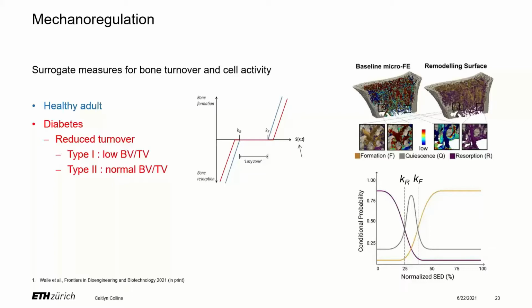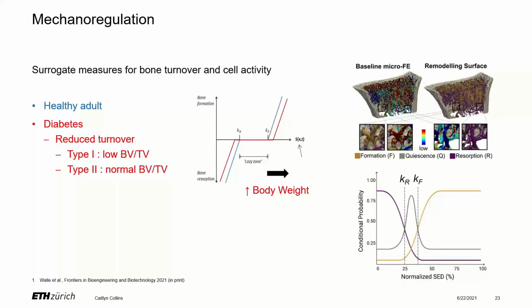There's low BMD or BV/TV in type 1, but not necessarily in type 2 diabetes patients. If we put this in the frame of physiological loading, it could be that body weight plays a role. In type 2 diabetes patients, you often have the comorbidity of obesity, and this increase in body weight could be pushing towards higher loads within the bone and acting as a protective feature against bone loss, or counteracting the reduction in turnover that would naturally be occurring in type 1 diabetic patients that don't necessarily have obesity.